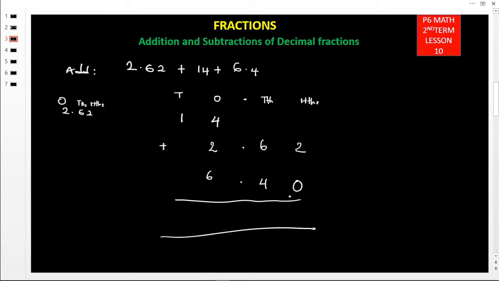So 2 plus this one, we get 2. Then 6 plus this one gives 10, so we write 0 and take a 1 to the next place value. So 1 plus 4 becomes 5, 5 plus 2 is 7, and 7 plus 6 is 13.